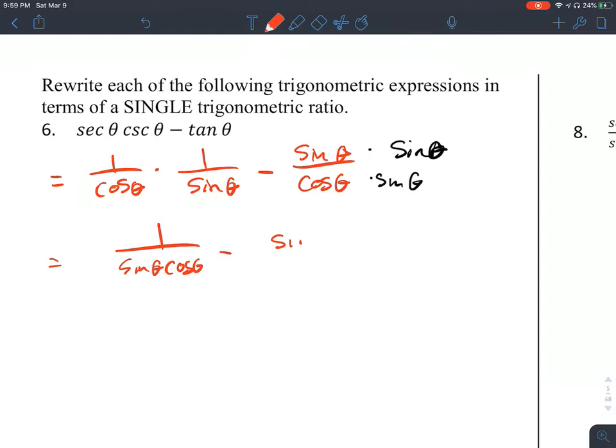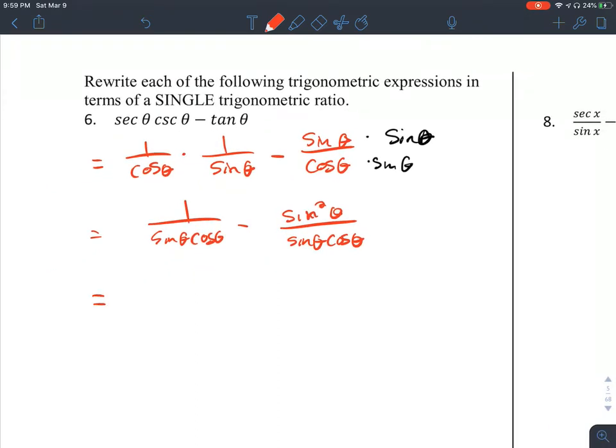So then we're going to have sine squared of theta over sine of theta cosine of theta. Once you have common denominators, which we do, you subtract the numerators, 1 minus sine squared of theta. Denominator stays the same. This is interesting, isn't it? Haven't we seen that before?